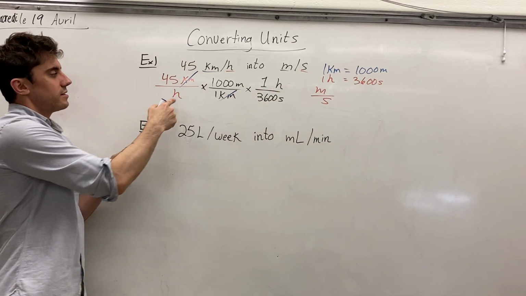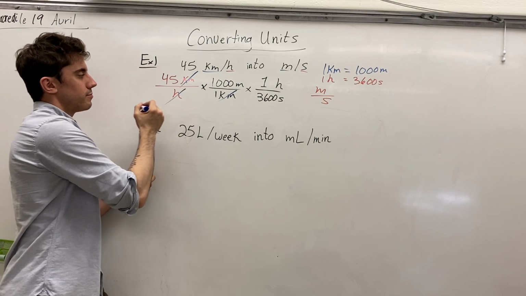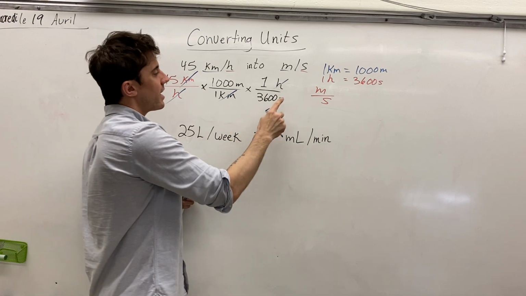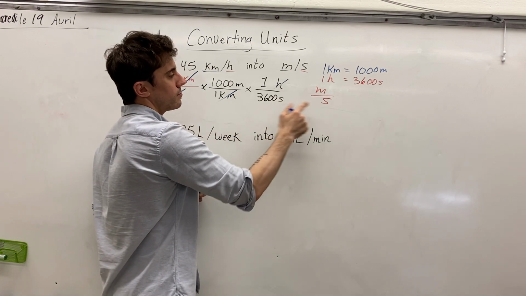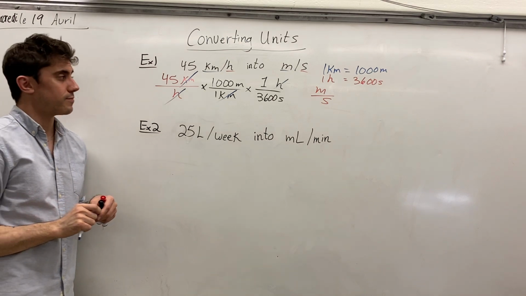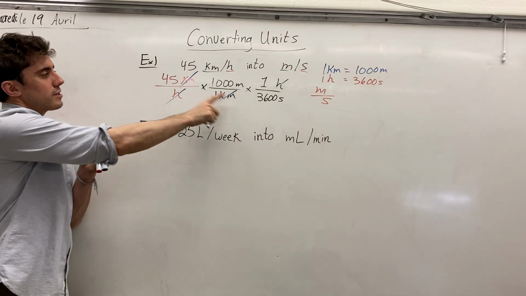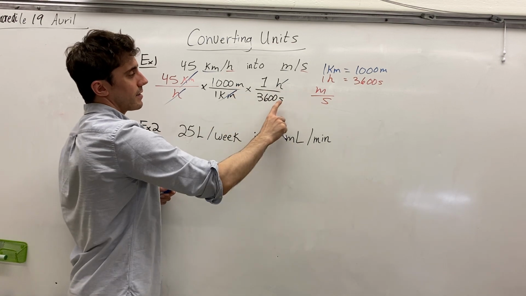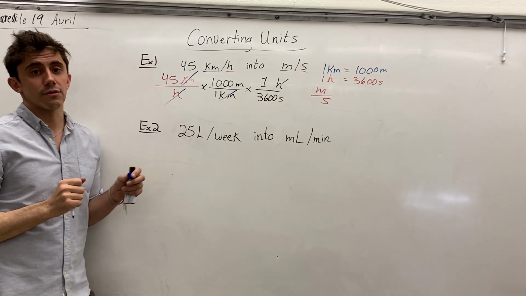So you'll notice that hours are now in the denominator and in the numerator, and so they cancel out nicely. And we also get our seconds in the bottom, in the denominator, exactly as we hoped. So now we have kilometers canceled out, hours canceled out, and we have meters on top, and we have seconds on the bottom, and so everything looks good so far.